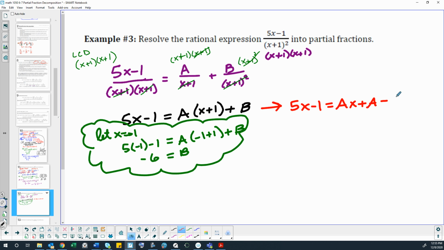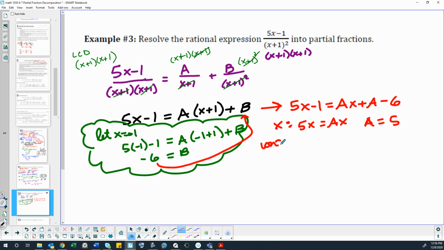So B is -6, so instead of B, I'm just going to put that -6 in its place. Ta-da! Let's gather up our terms. Our x terms will be 5x equals Ax. Well, I think we've got it solved right there. We could probably stop. So 5x equals Ax, which means that A equals 5. We could keep going just for fun, but I don't think there's a need.